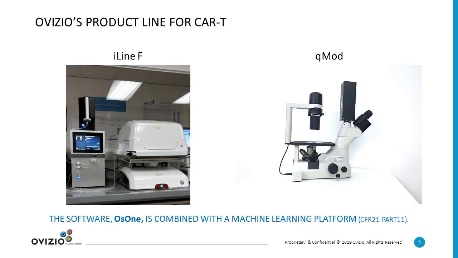Today, we will be talking about two of our products that are on the market and that are specifically built for CAR T, the Inline F and the QMOD. Both of these products use OS1 software built in-house that is combined with a machine learning platform.